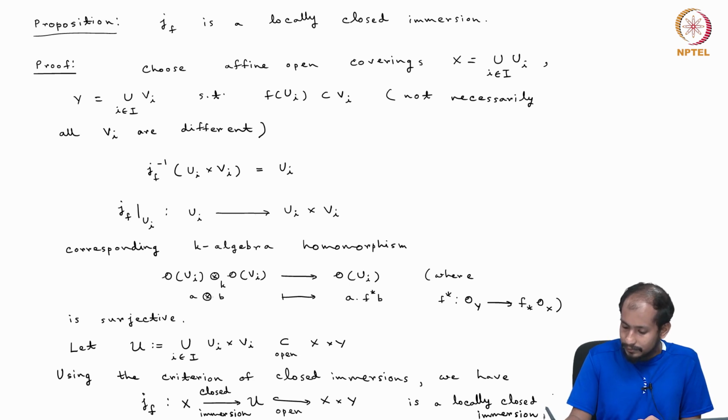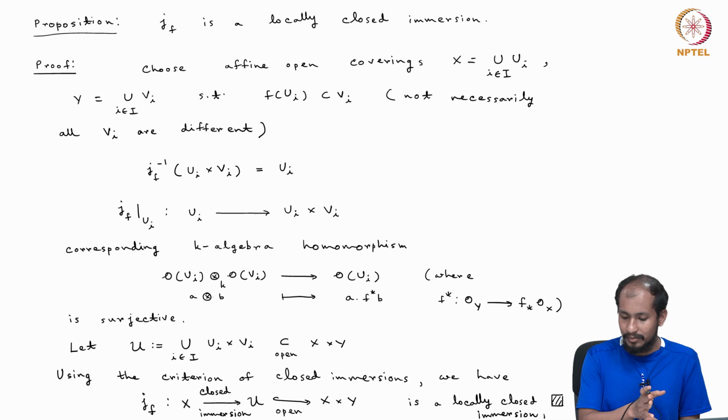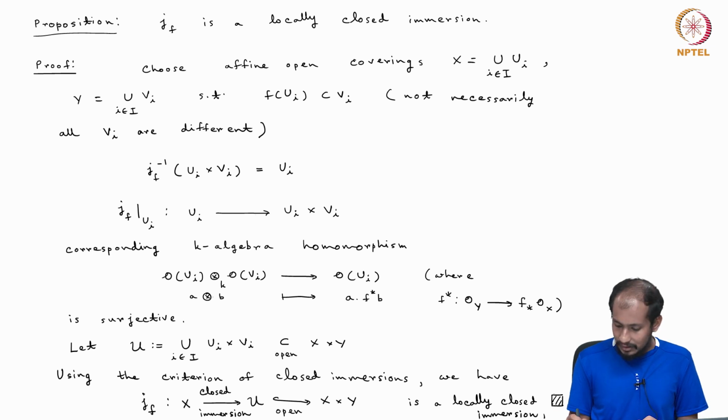So we are done. We see that this j_f, the morphism from X to X cross Y whose image is the graph of the morphism, is a locally closed immersion. So okay, let me stop here. Thank you.